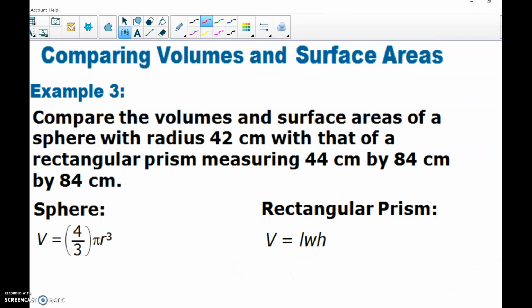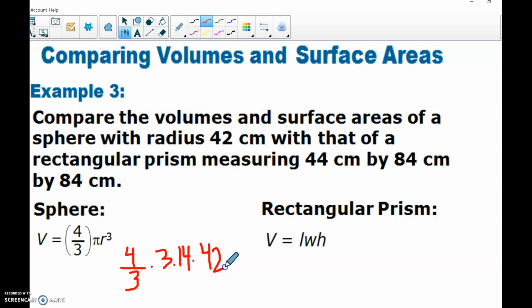Last thing is comparing volumes and surface areas of a sphere with a radius of 42 centimeters and that of a rectangular prism measuring 44 by 84 by 84. Okay, so for a sphere, we're doing the volume times pi times the radius, which is 42.